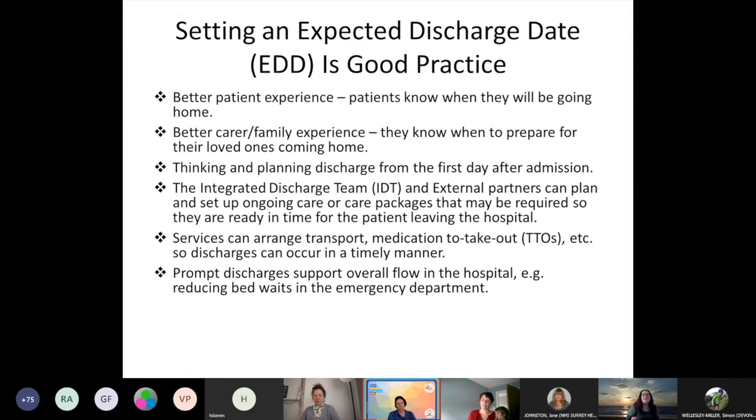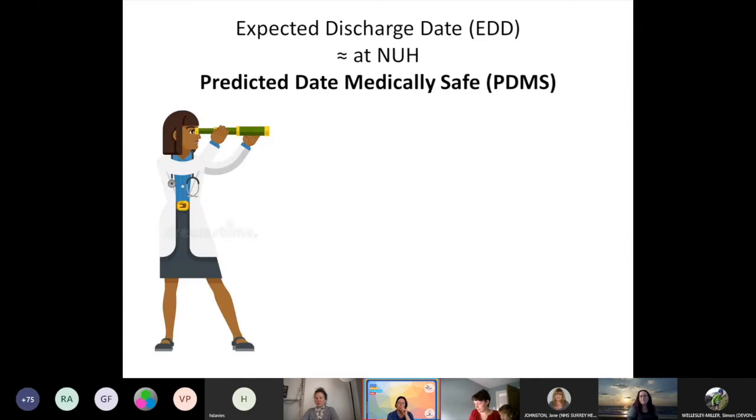So discharges need to occur in a timely manner, and there are no delays for these patients. Overall, discharges support the flow in hospital as well, because for example, they can reduce the bed waits in emergency departments. So the sooner the patient leaves the bed, the quicker the bed can be made ready for another patient who is waiting in ED, sometimes for many hours.